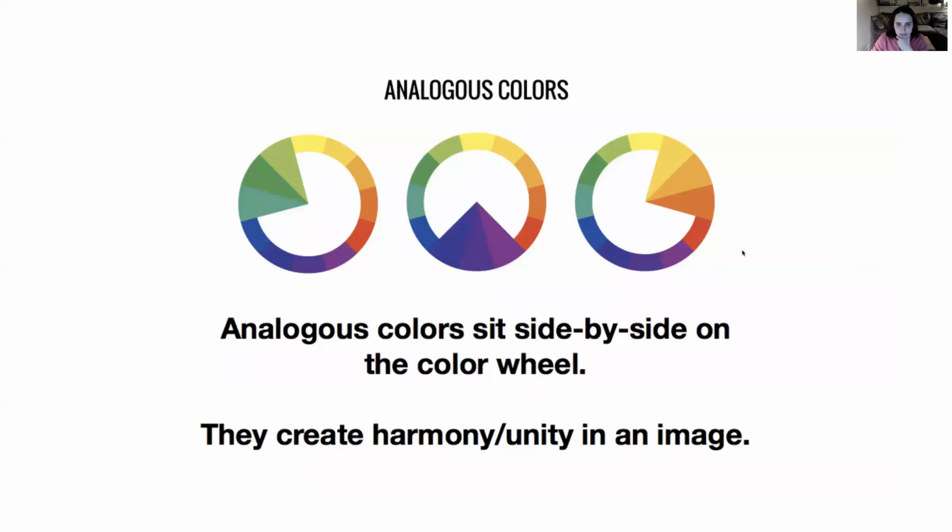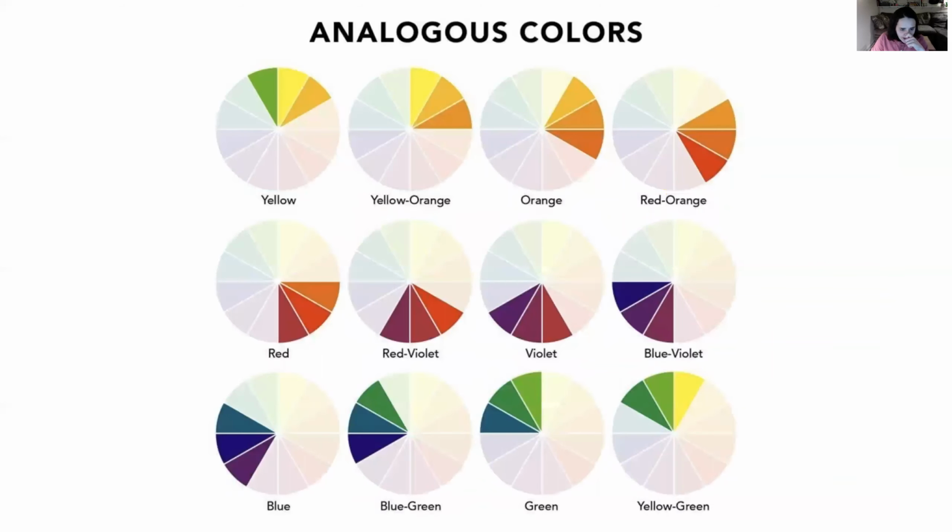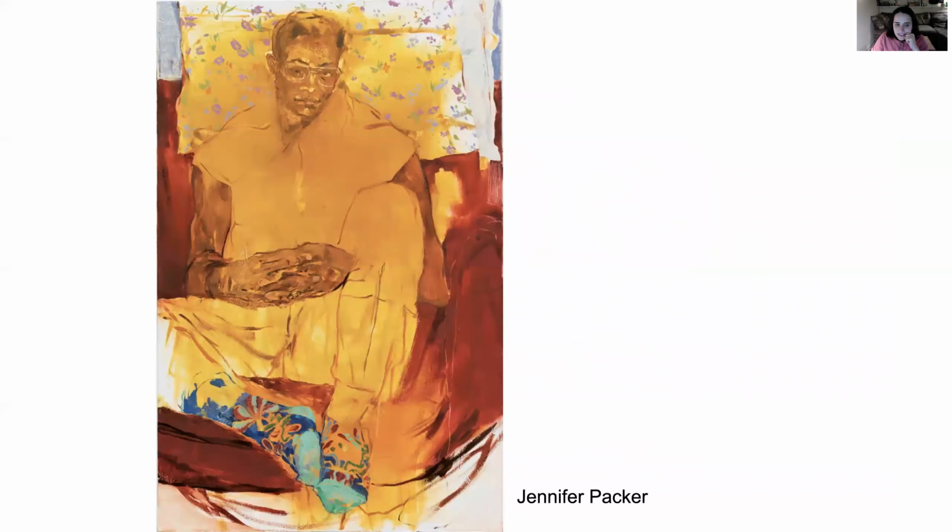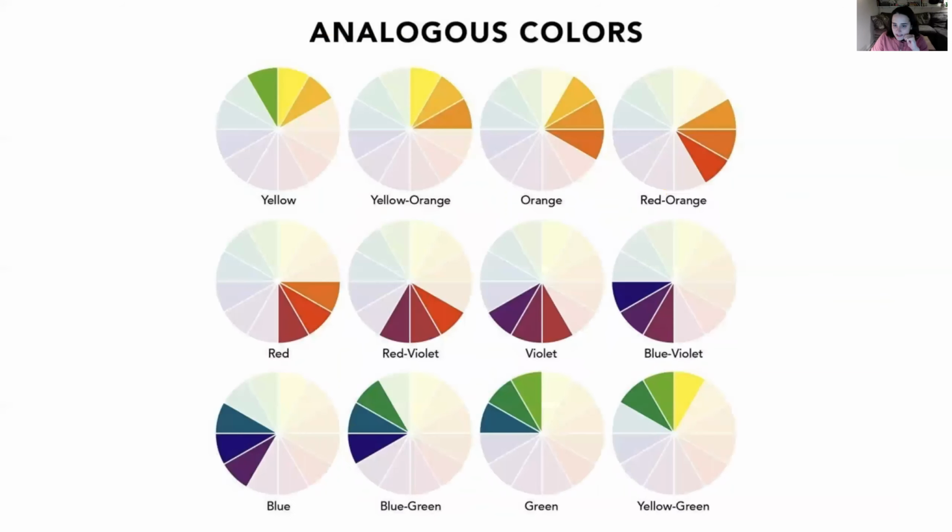Analogous colors. Okay, so now we're going to be talking about some color schemes, so how colors work when they're together. Analogous means side by side. So red and orange, orange, yellow, purple and blue. Here's some more examples. So these are colors that share something in common. You'll know green has some yellow in it because green is made from blue and yellow.